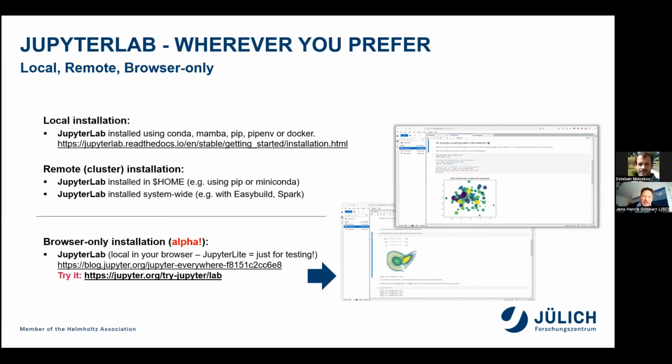What is new and kind of fancy, just to play with it, definitely not for HPC, but it's really cool for showing around what JupyterLab looks like, is the new JupyterLite, which is a really 100% browser-only installation.